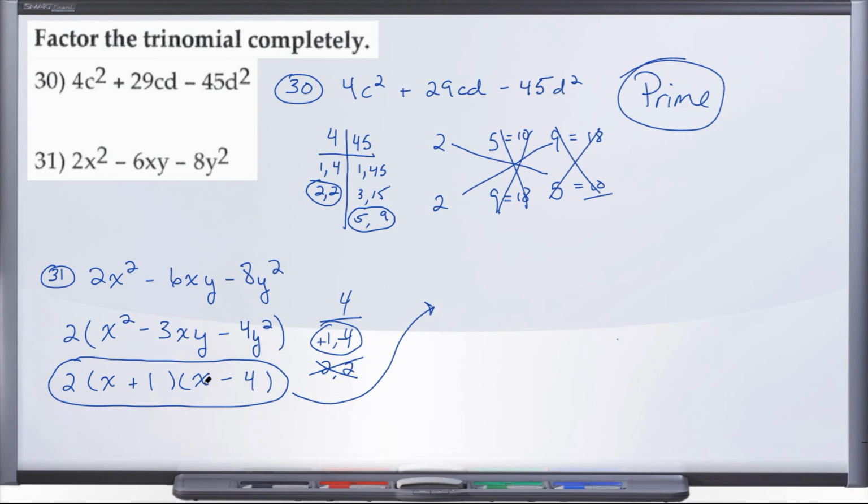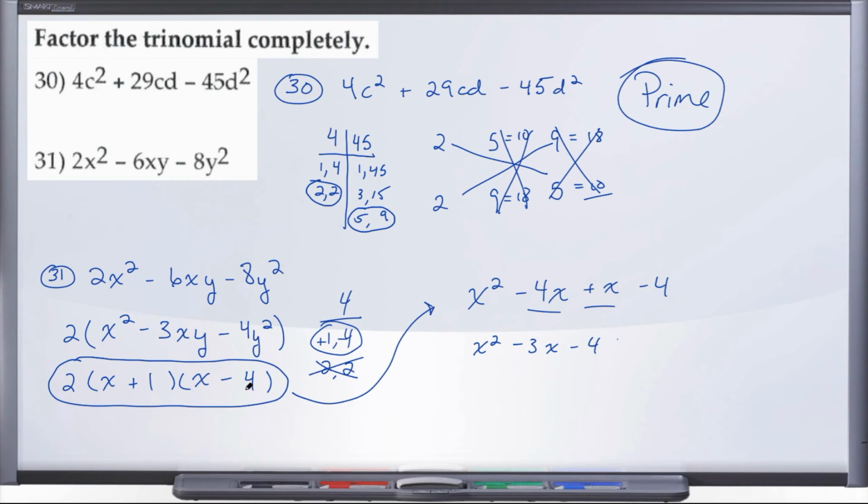So let's try that. Let's go ahead and FOIL these two binomials together. And when we do that, we have x times x, so that gives us x squared, x times negative 4, so that's minus 4x, and then 1 times x, well, that's just x, and then 1 times negative 4 is negative 4. Let's go ahead and combine like terms, so we end up with x squared minus 3x minus 4.